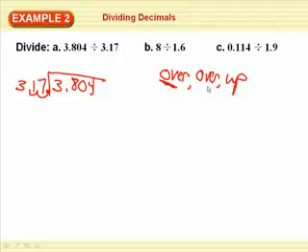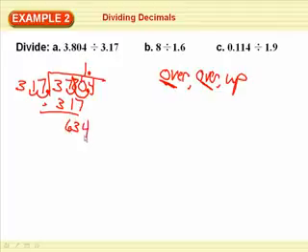Then the second over is you have to move the decimal inside the same amount you moved it on the outside. So 2 there, and then straight up. Then you just pretend like those decimals were never there, and you just divide. 317 into 380 goes once, which would be 317, and you would subtract, and then you bring the 4 down.